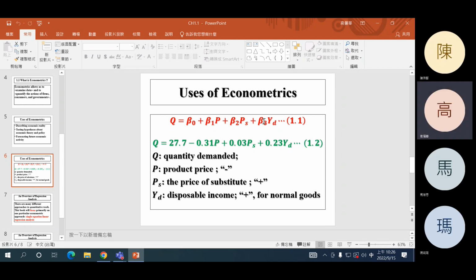Not only the signs, but also how the price affects the quantities, in real numbers. And those numbers come from the past data. So all this past data we collected to test the economic reality is our second usage of econometrics. In this semester, in most situations, we're working with these two equations.